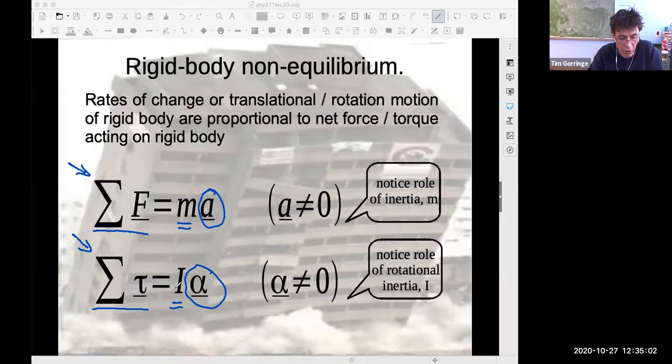They're the moment of inertia of the rigid body, that's the I. And the m and the I play the role of being the quantities that reflect the body's resistance or reluctance to having its translational or rotational motion changed. So those are what we call inertias. The inertias against having your translational motion change, or the inertias against having your rotational motion changed.